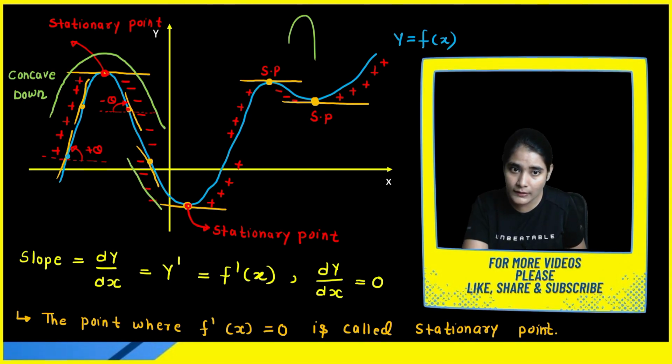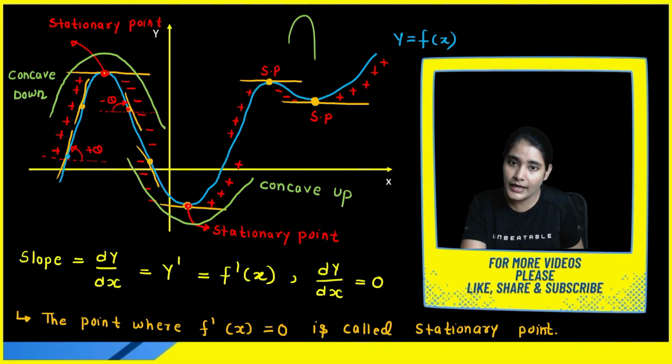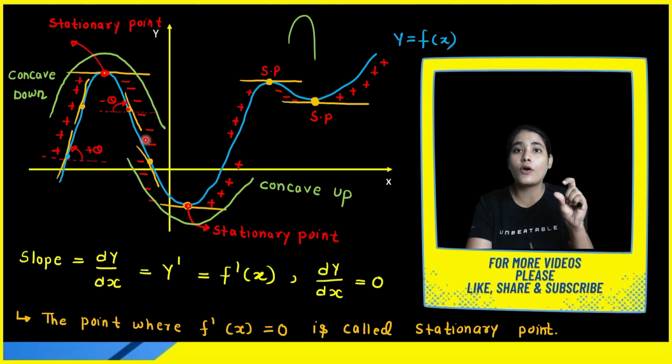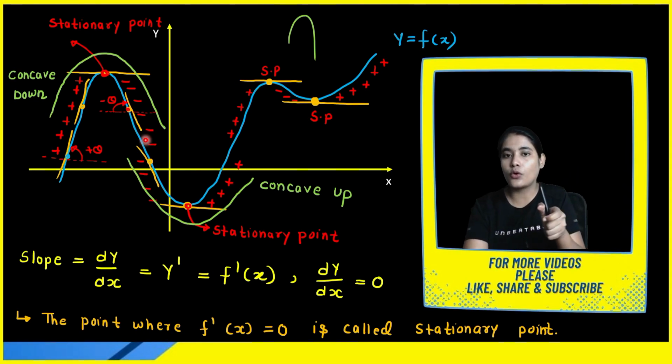First we are going down, then we are going up, so this is known as concave up. So my dear student, first you are getting concave down, then you are getting concave up. It means somewhere here your concavity is changing. You are shifting from concave down to concave up.